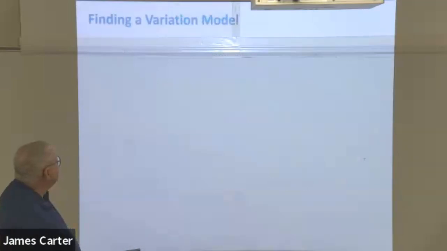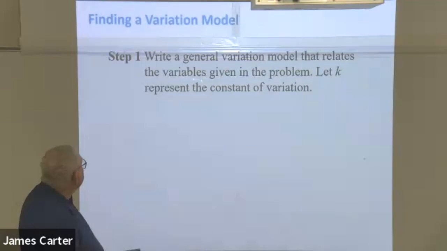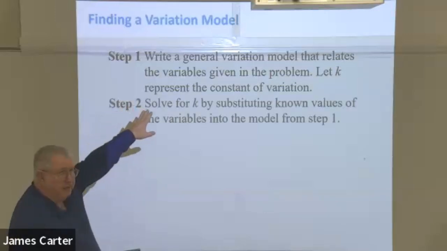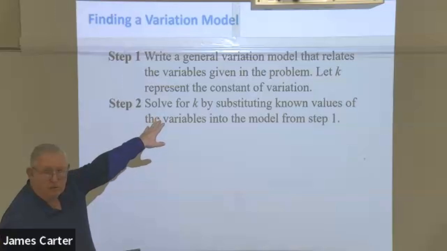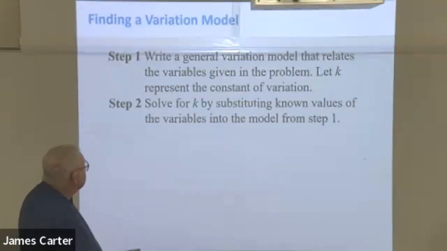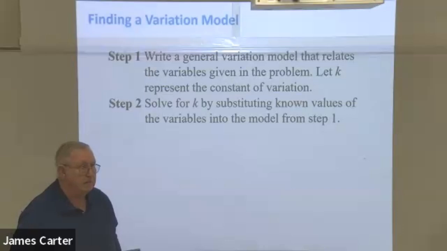Okay, now applications of this. Write a general variation model that relates to these, where K represents the constant. Well, we've been doing a whole bunch of that. That's the first step, to write the general equation. The second step, solve for K by substituting the known values of the variables.